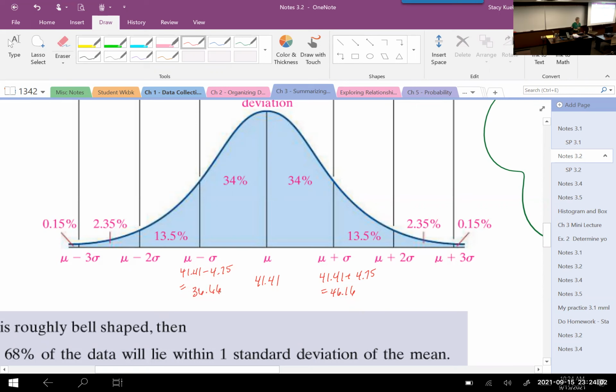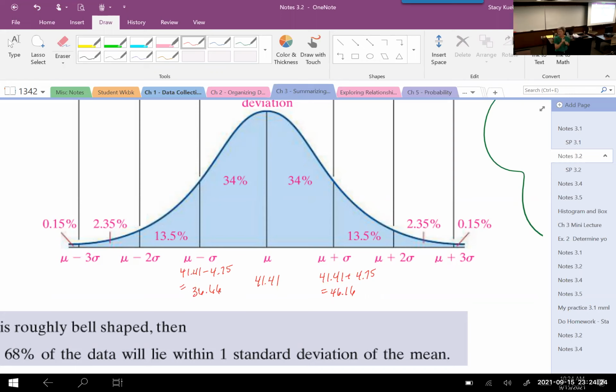Now let's picture a number line here, right? I have a number line with a value of 36.66, and another number of 41.41, and another, so I'm just making a number line, and they are evenly spaced by $4.75. That's the scale basically on it.